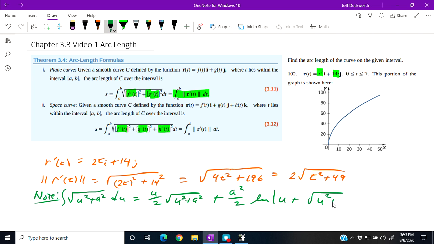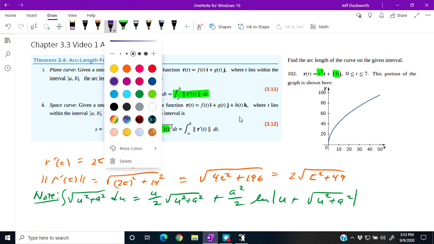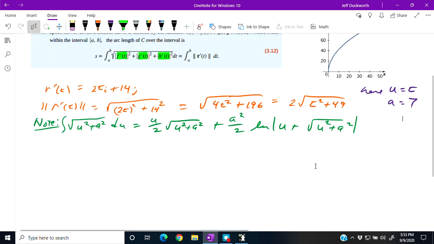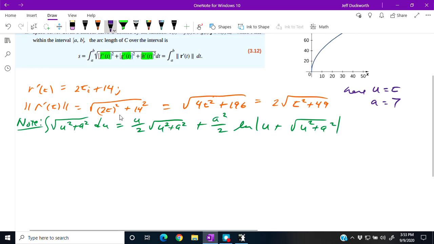So in this situation, u is going to equal t and a will equal 7, since 49 is 7 squared. So let's try to solve for this.